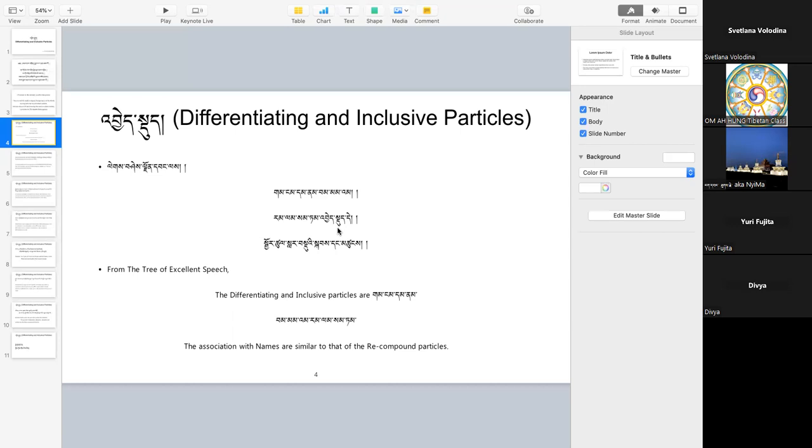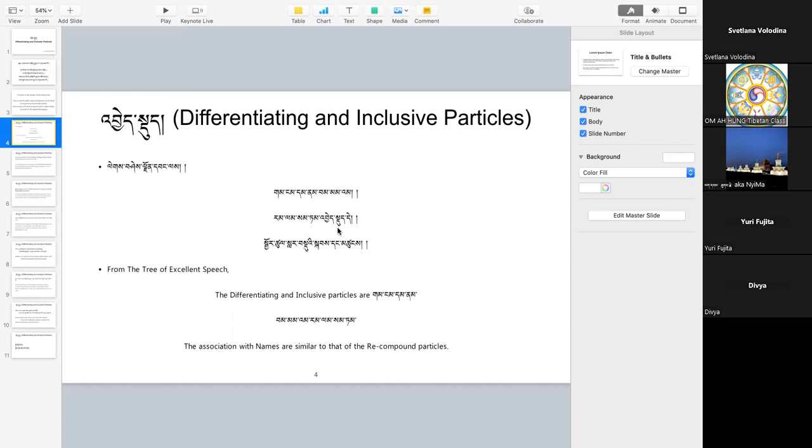So che also means splitting, scattering, more correctly to split, to divide in a way. Do means to include, to collect. So therefore, there are two direct usage cases. The first one is the differentiating case, and the second one is inclusive case.